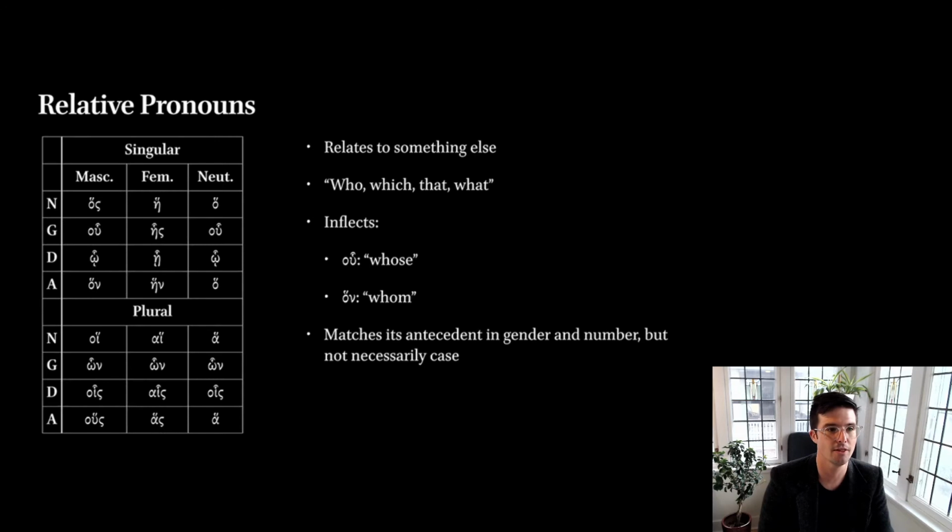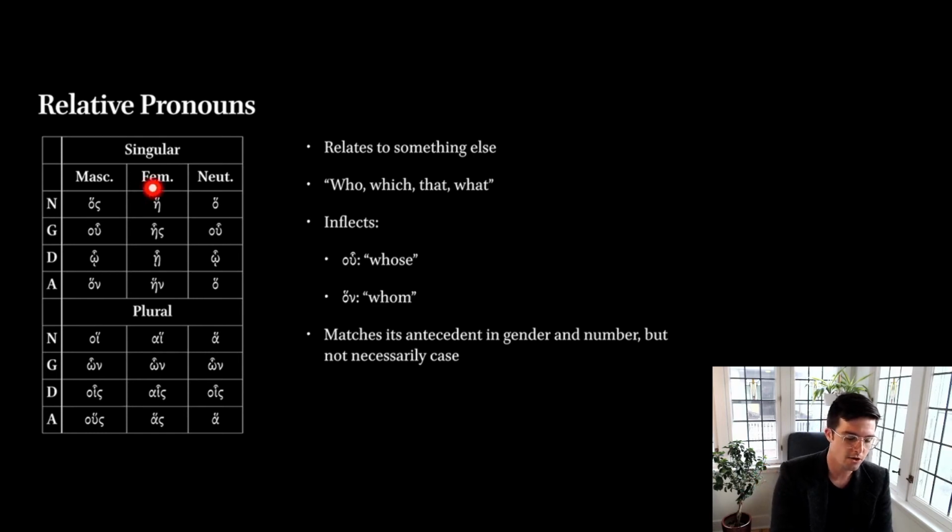So I'm going to give you this a little bit bigger here, so that you can maybe see that these all have rough breathing marks on there. So this is going to be one of your keys to identification. The rough breathing mark is going to be one of your keys of identification to the relative pronoun.